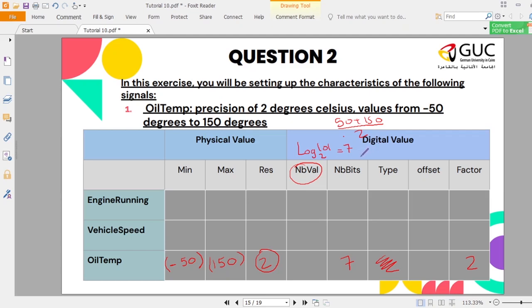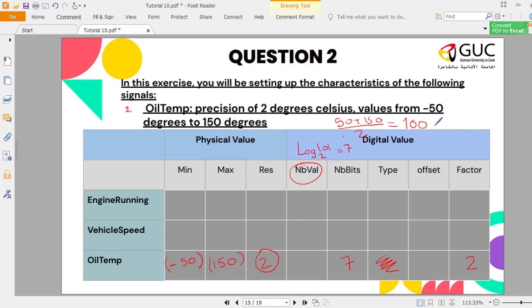We say 1, 3, 5, 7, 9, 11, so on and so forth. Previously, we were going 1.1, 1.2, 1.3, 1.4. So the total number here, if we did not divide by 2, would be 200. But we have a resolution of 2, so we will have 100 actual values to be represented, not 200.